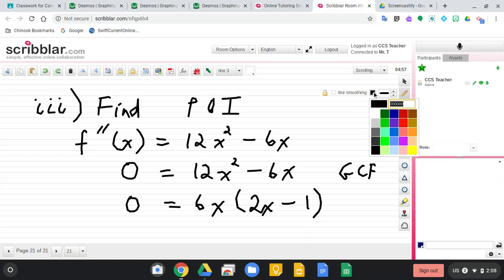Now that seems kind of silly to have to remind you of this, but remember, when we are factoring, we're really dividing. So when I divide the 6x out of a minus 6x, I'm left with a minus 1. Quite often, it's amazing the number of students that ignore that minus 1 and just write 2x as the only remaining term. All right. I have a product. This product is equal to 0.